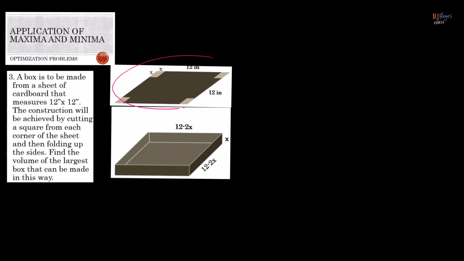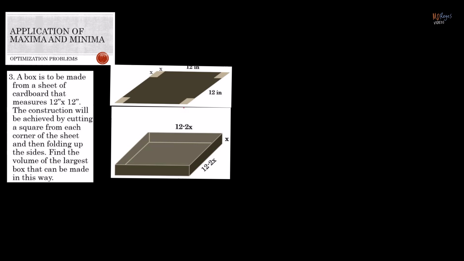Alright, so in this figure, we have a sheet of cardboard whose sides measure 12 inches. From this sheet of cardboard, we are to make a box, by folding up the sides.